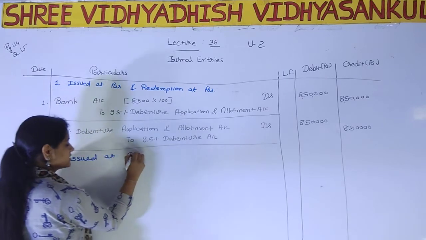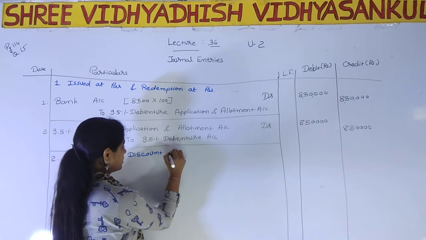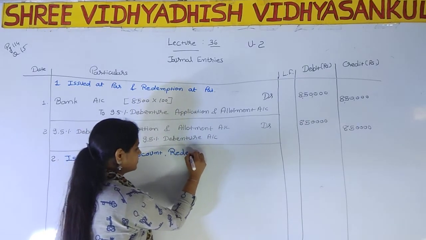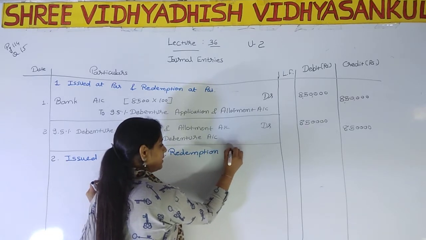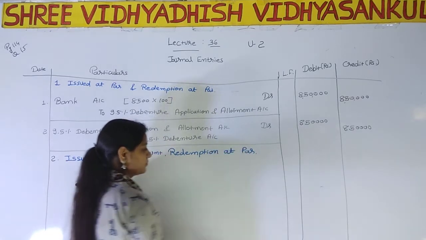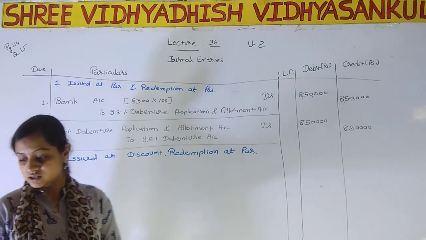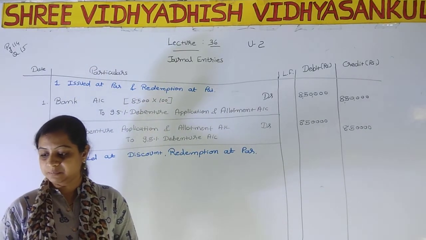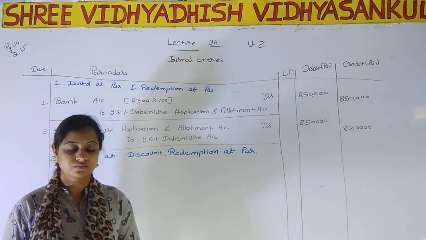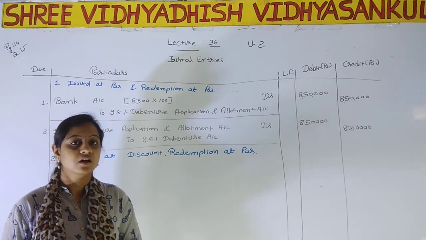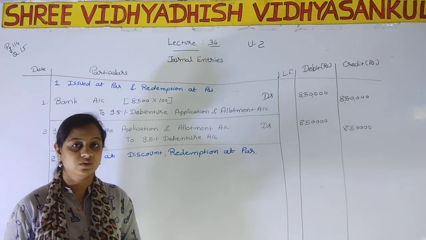The second condition. Right? In this also two journal entries will come. See, they have given 10% discount. That means 100 minus 10%. We have issued this debenture at 90 rupees and 10 rupees is discount. But that entry will come in the second one, the transferring entry.